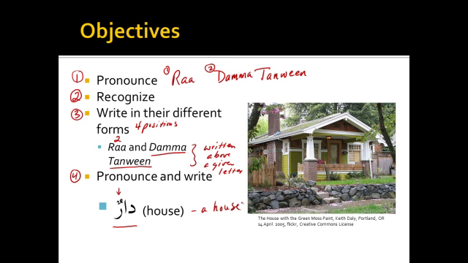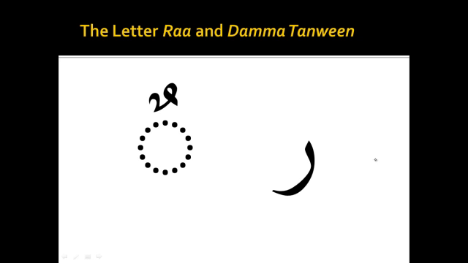Let's look at how to pronounce these letters. So here we have the Ra in Arabic, and the Ra is like the R in English. However, it's not exactly the same.